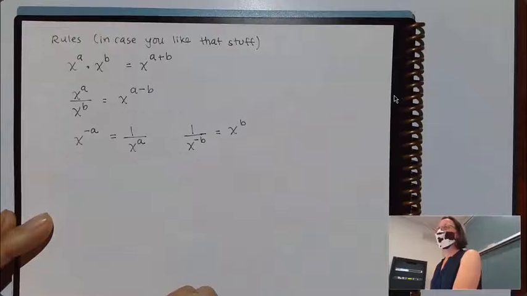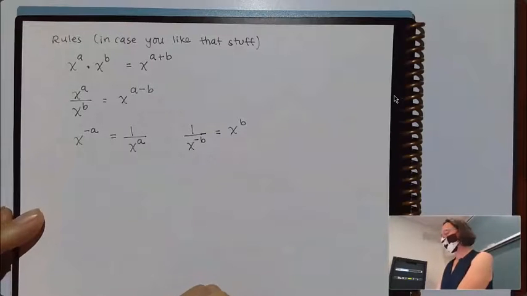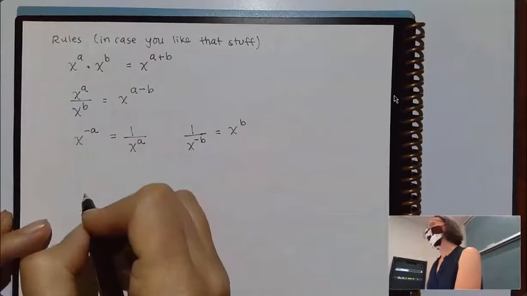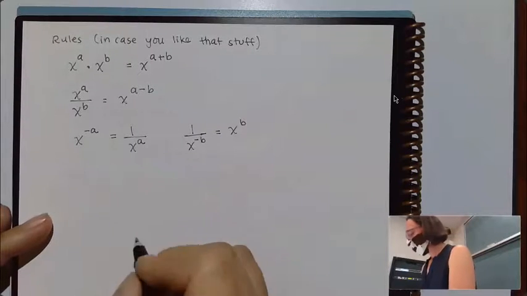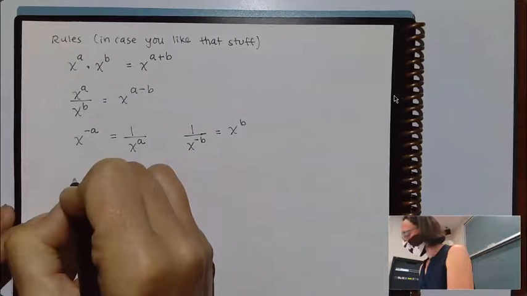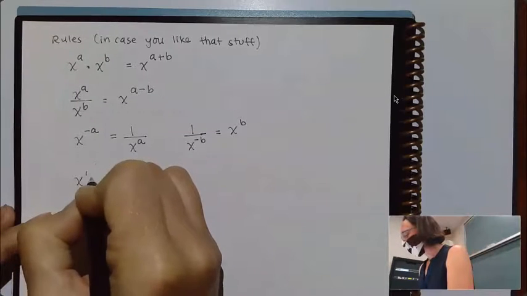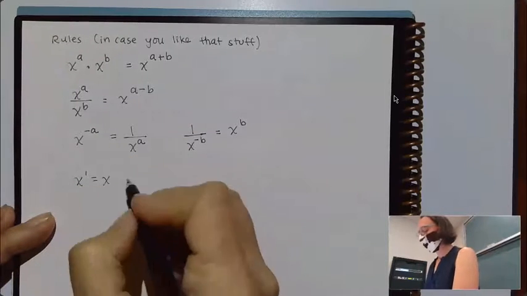Then we have a couple of things that are just sort of facts we ought to memorize. X to the 1 is just x. We don't write the exponent.